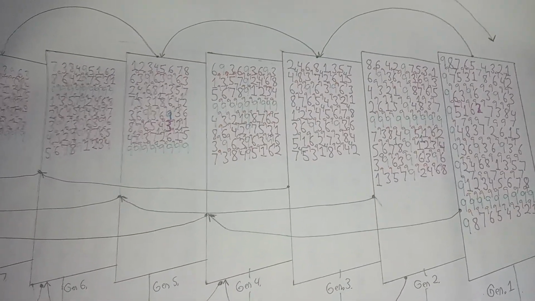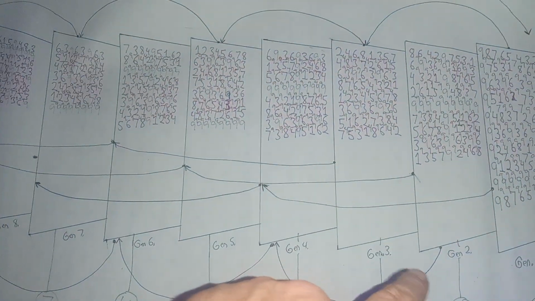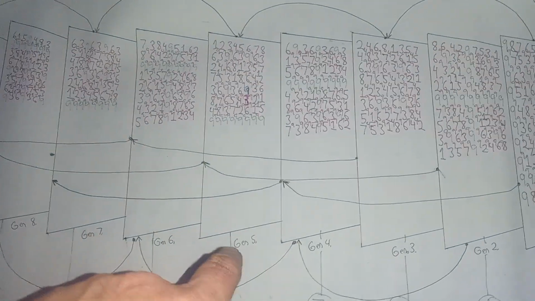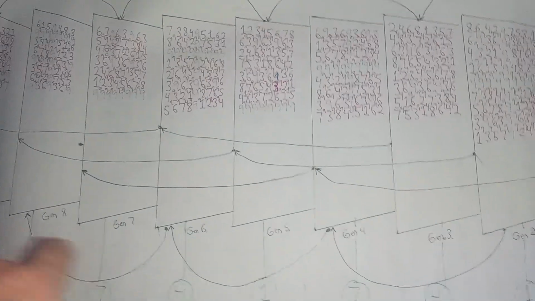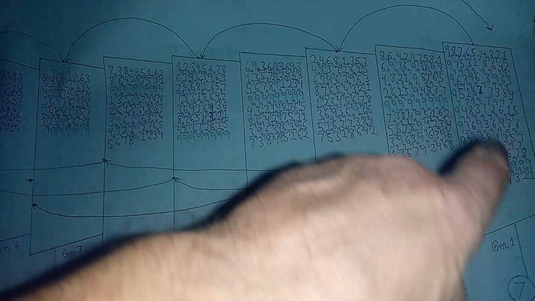There's 2 distinct ways. First off, there's generation 1, generation 2, generation 3, generation 4, 5, 6, 7, 8, 9. And this is the generation of 7, first one.